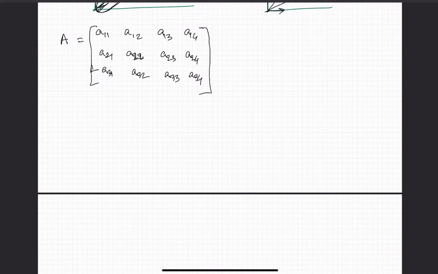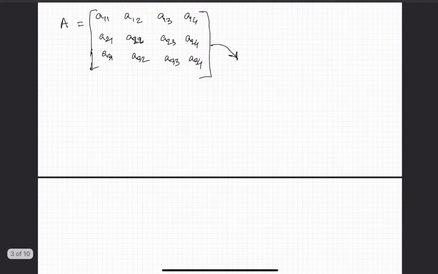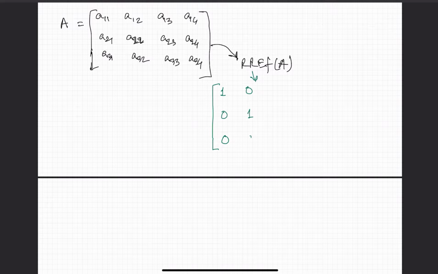If A is this, and if we can get the reduced row echelon form of A as this, say we have got this.